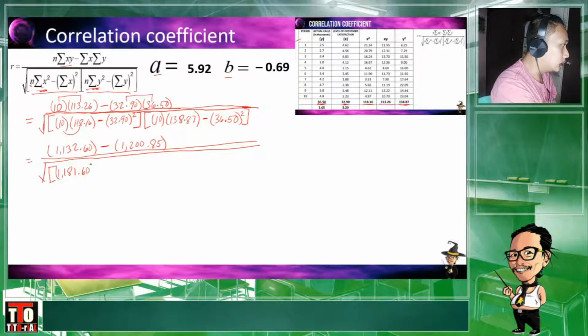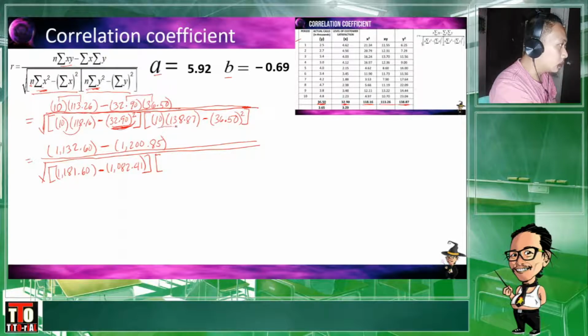Let's put a parenthesis too. Minus. There. Now this one, 32.90 squared. From 32.90 squared, we will have a value of 1,082.41. Okay? So, close the bracket. Then, another bracket.